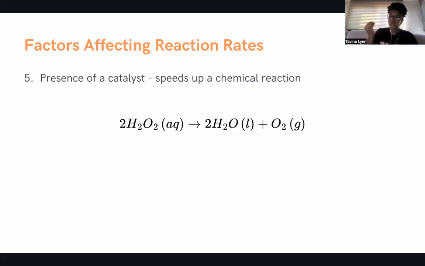There is some chemical within the wound that acts as a catalyst and increases the rate of the reaction. So the hydrogen peroxide decomposes faster in the presence of a wound.